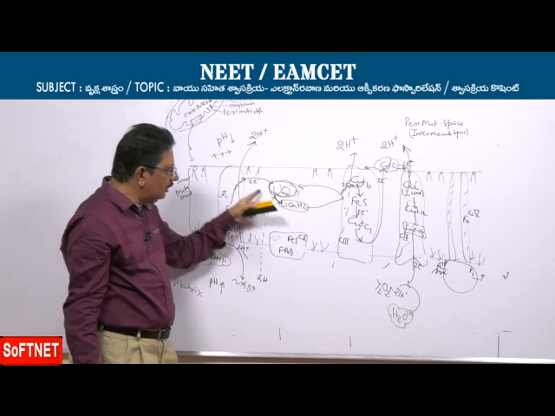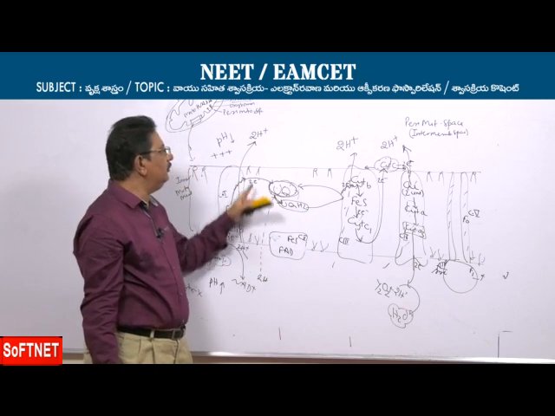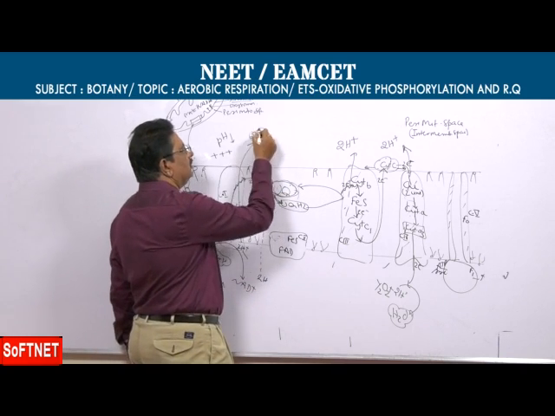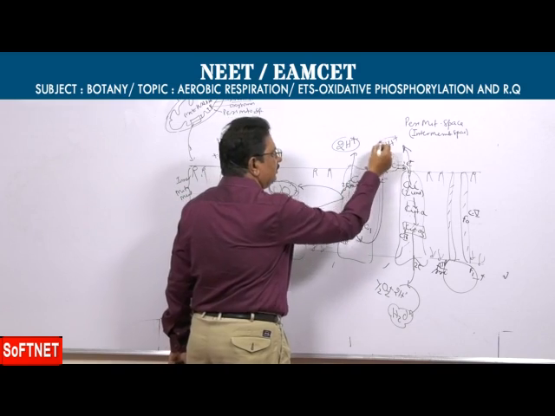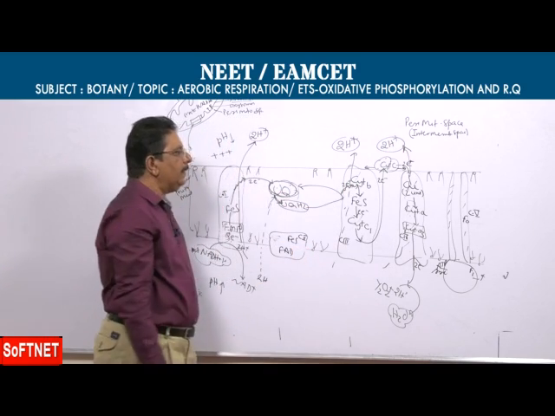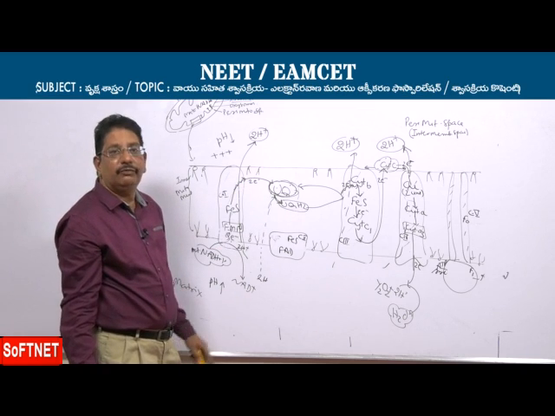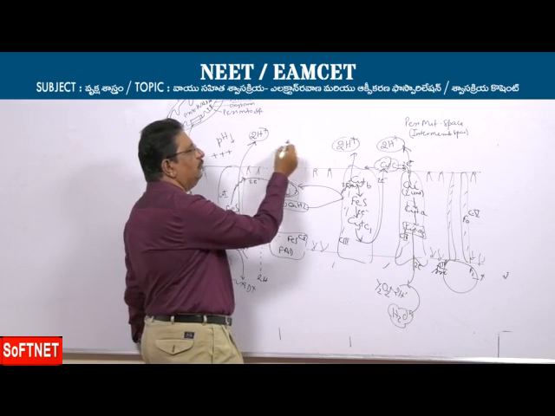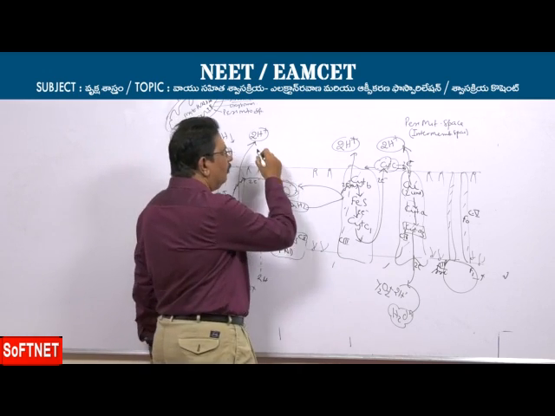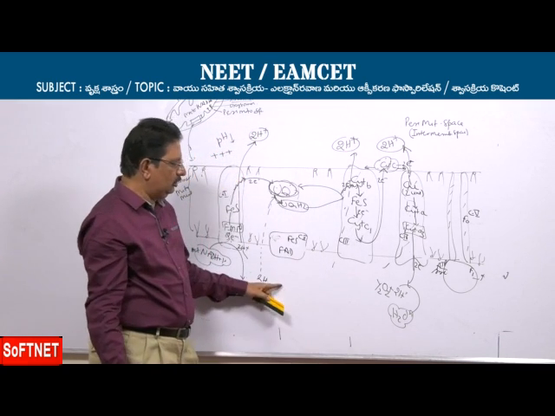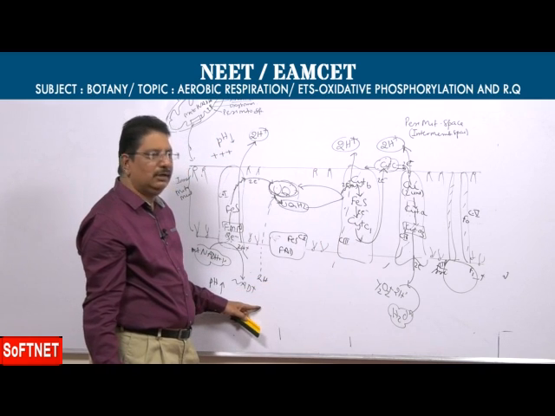So, electron transfer coupled with proton translocation results in a proton gradient across the membrane, and that proton gradient develops into a force called proton motive force. So, more and more protons are accumulated here, and fewer protons are seen in the mitochondrial matrix.